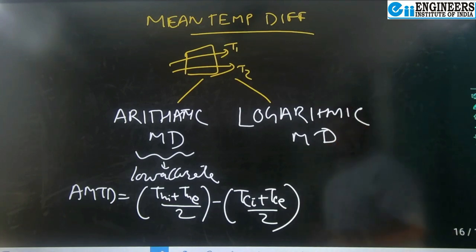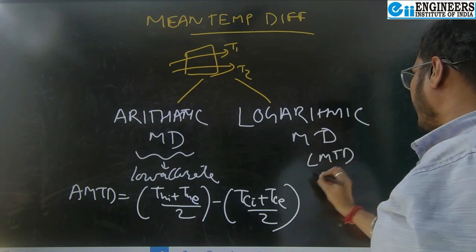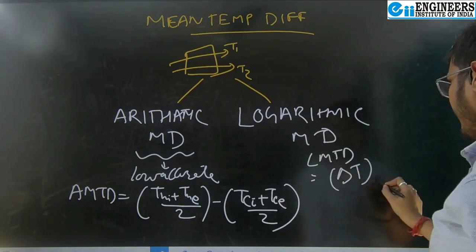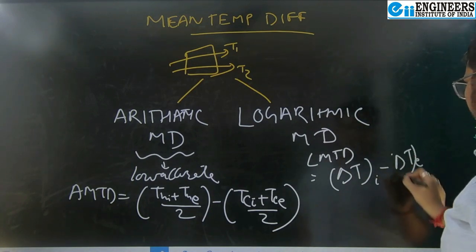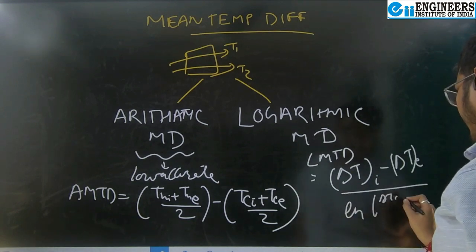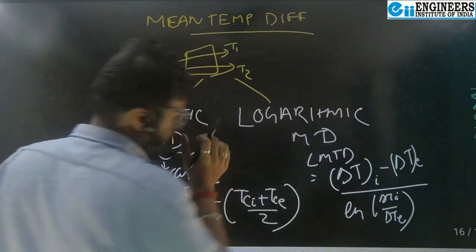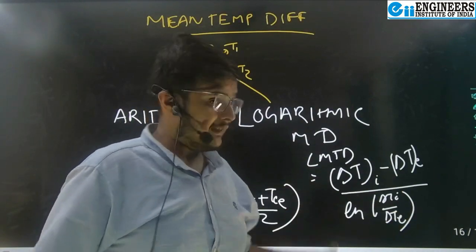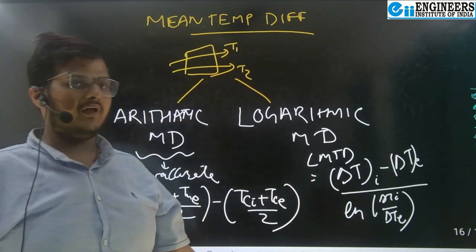The LMTD equation is del Ti minus del Te divided by ln of del Ti by del Te. This formula is good for both parallel and counter flow.